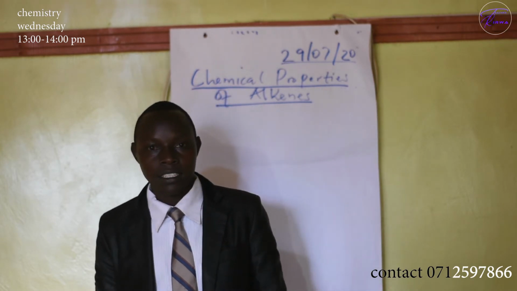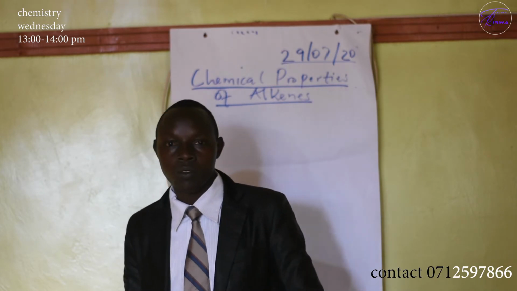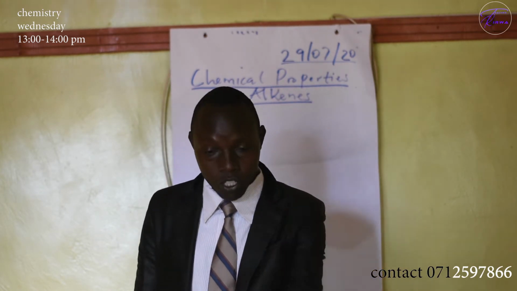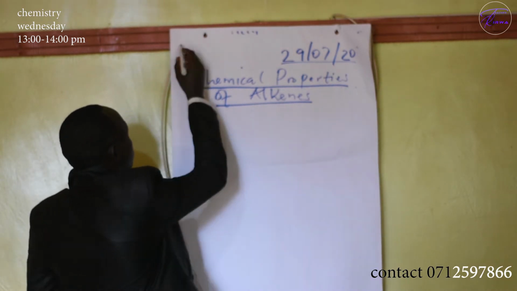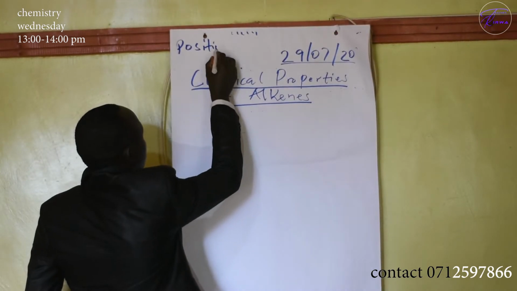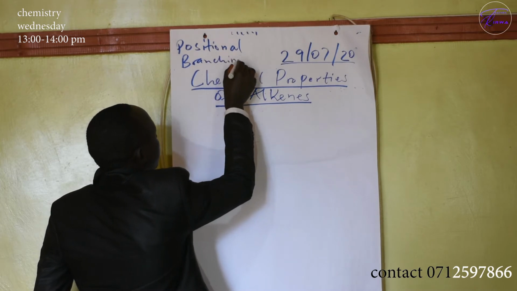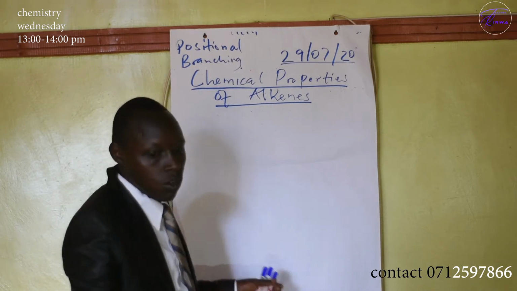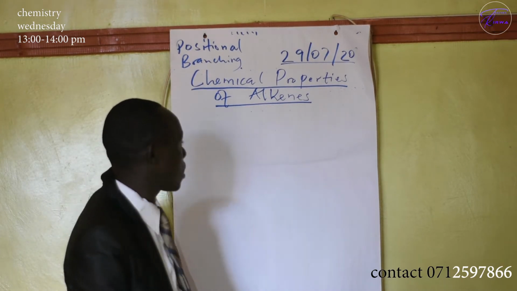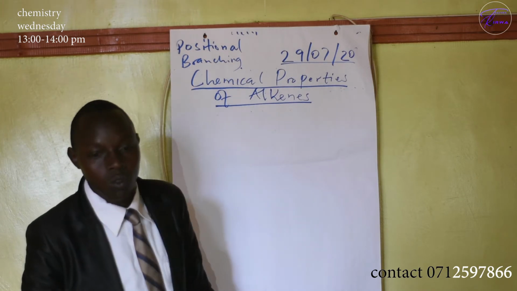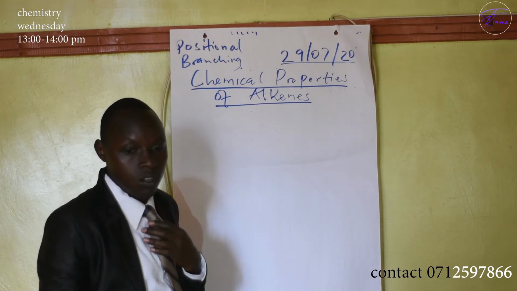We said alkenes have two types of isomerism: positional isomerism, which refers to the position of the double bond or the functional group, and branching isomerism, which refers to the position of the branch.